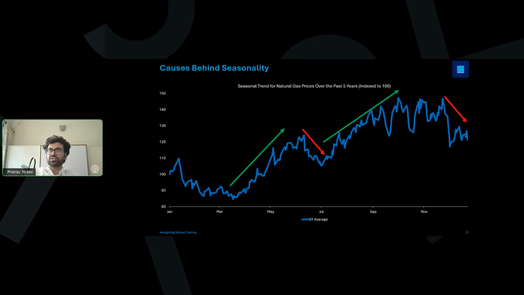In the case of natural gas, these were predictable consumption patterns. In summer and in winter, the consumption for natural gas is high. That means that if the supply remains the same during that period, there can be a positive movement in the price. During the later part of the year, when that supply catches up, it can cause prices to pull back. This is essentially what causes seasonal trends in an asset.